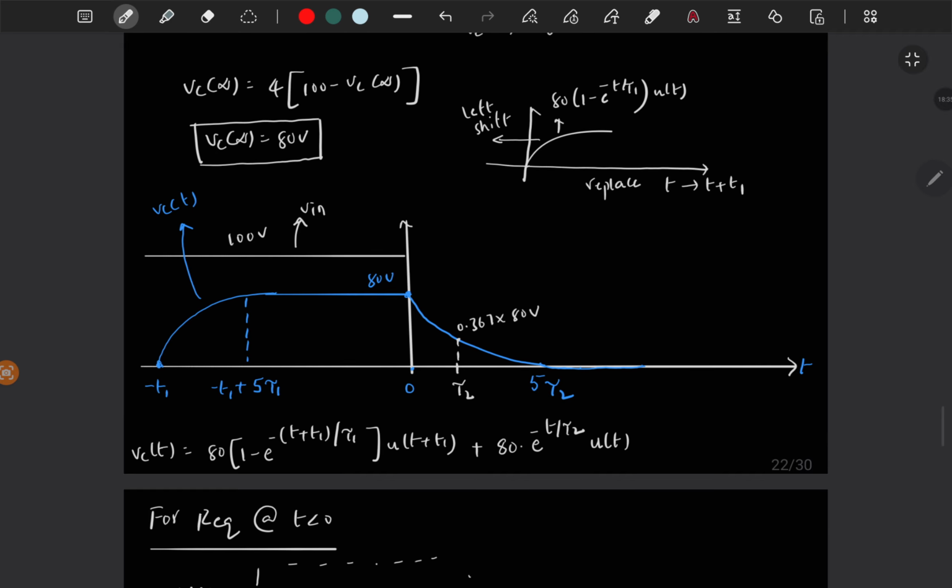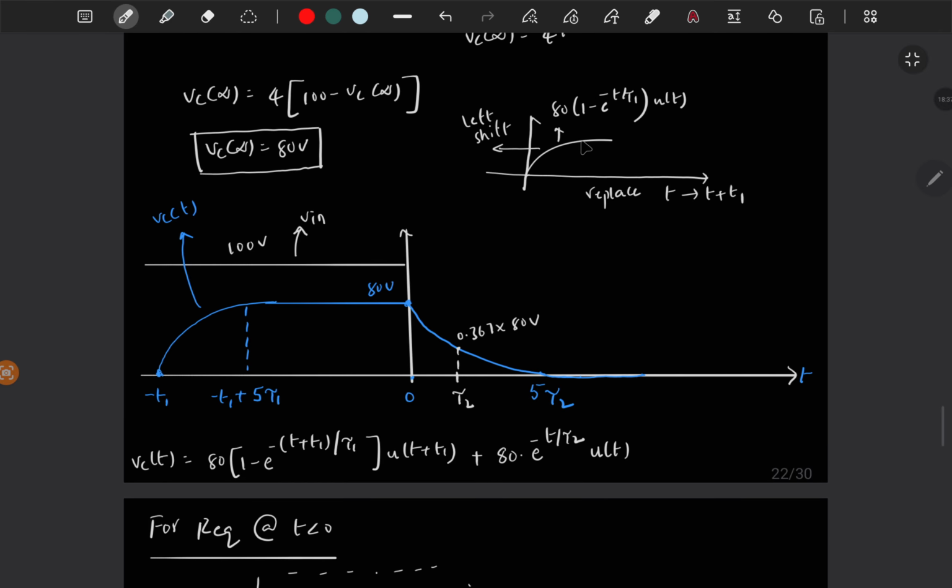This is 80 into 1 minus e power minus t by tau if it is charging from t is equal to 0. But we are applying the signal way before t is equal to 0. So I am assuming that at t1 we have applied 100 volts. So it starts charging from t1 and it is charged till 5 time constants and it is staying at 80. So if you left shift this one, then you will get this kind of equation, right?